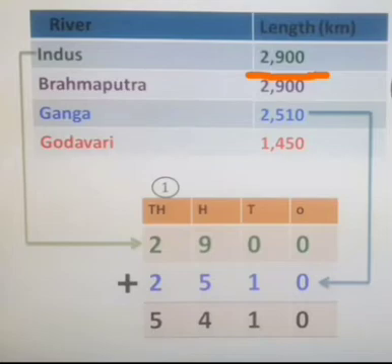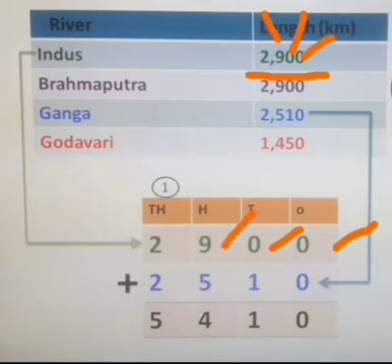So, this 0 is in the ones place. So, we write this 0 in the ones column. This 0 is in the tens place. This 9 is in the hundreds place. And this 2 is in the thousands place.